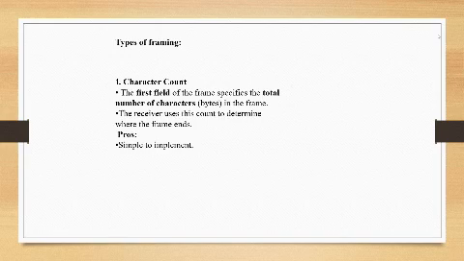So in the character count method, the first part of the frame tells how many characters the frame contains. The receiver uses this number to know where the frame ends. It's a simple method and easy to implement.